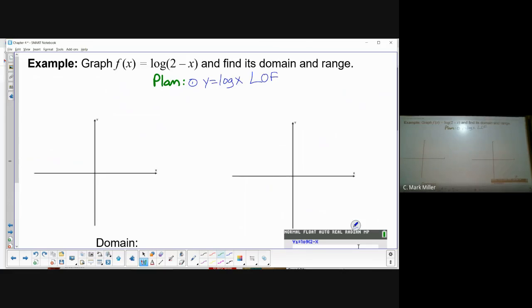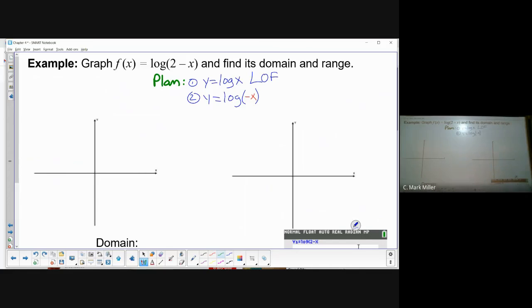Now we need to turn that into log 2 minus x. The first step I think most people would get: y equals log of negative x. You substitute negative x in for x.